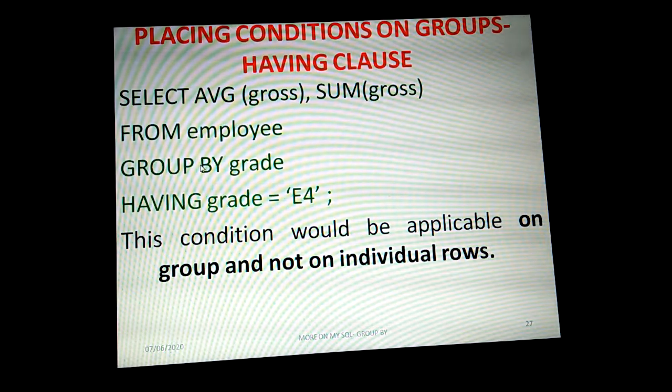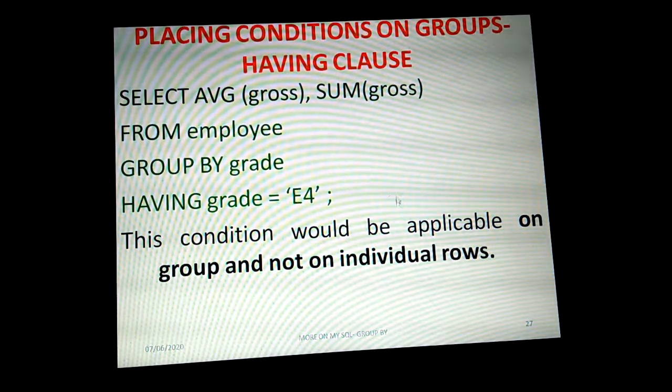We should mention group by and also having, with grade equal to E4. Only the E4 employees' average gross and sum of gross will be displayed as the answer. This condition applies on the group only, not on individual rows.